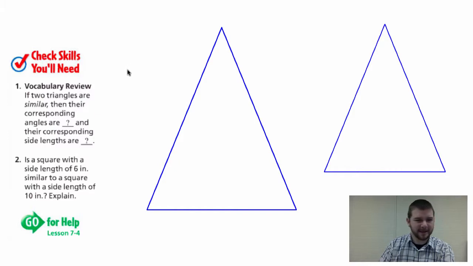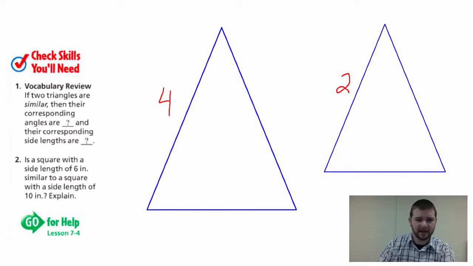Now we're also asked to identify some information about their corresponding side lengths. So let's consider this side length and this side length. It's probably becoming more apparent to you now that I've written in some measurements.